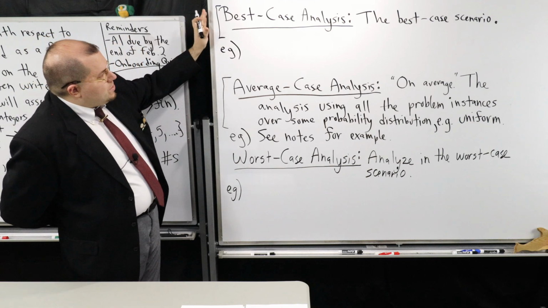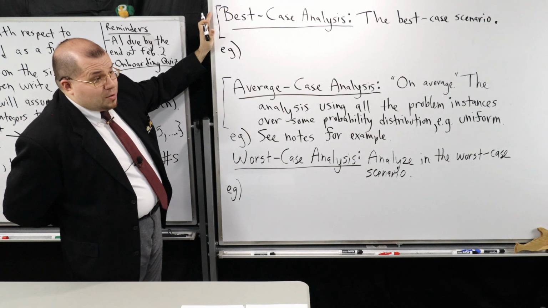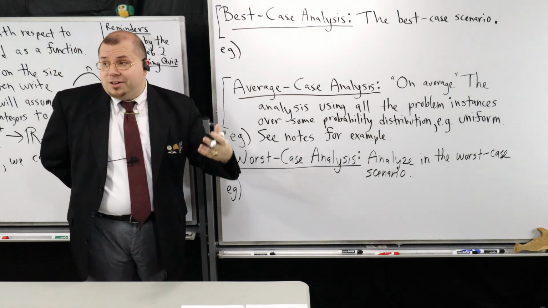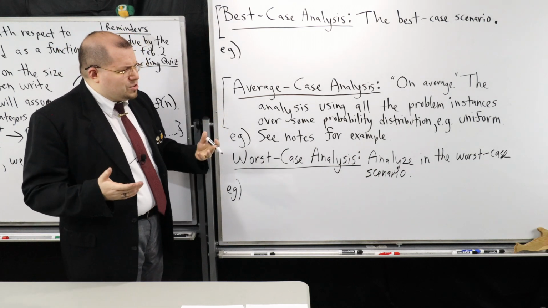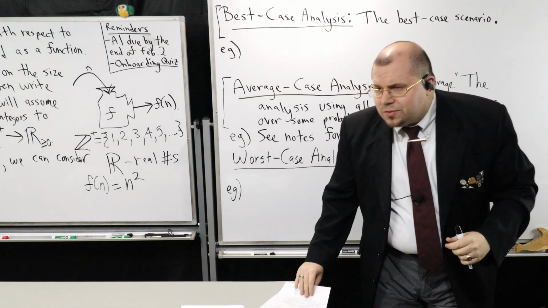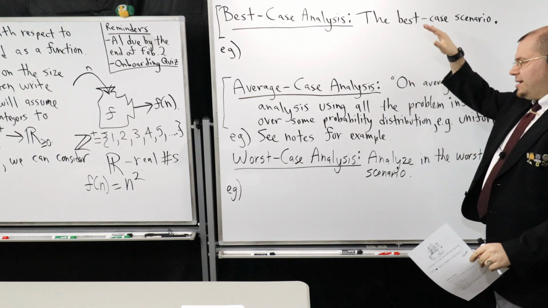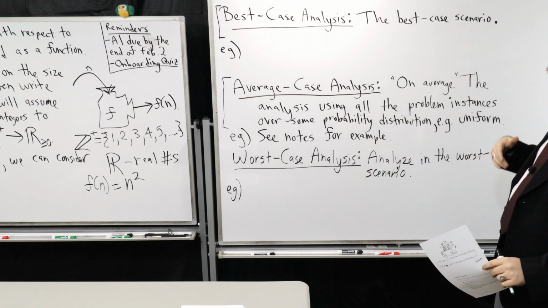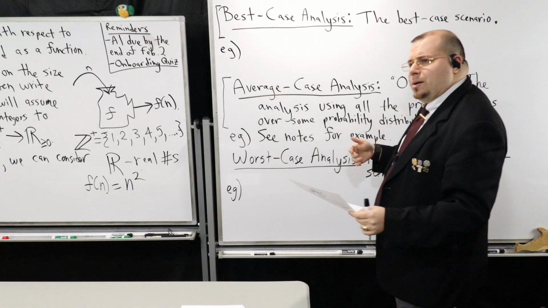So in this scenario, we have the best case scenario. I thought we would use the example of linear search, because we've been talking about linear search quite a few times in this class so far. I have a question for you. You may have seen some of these ideas before when you were talking about some basic problems.